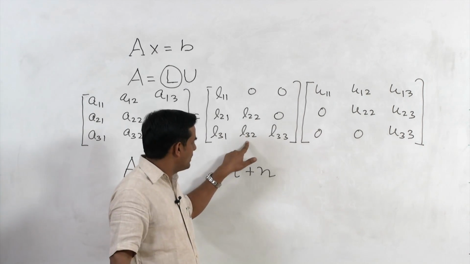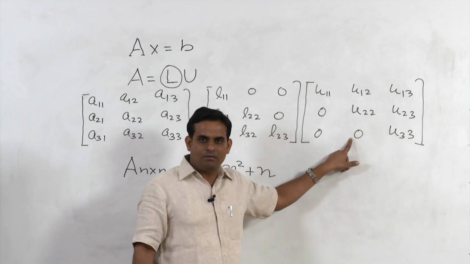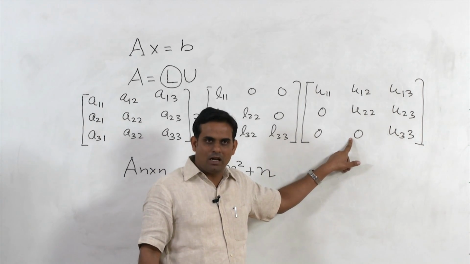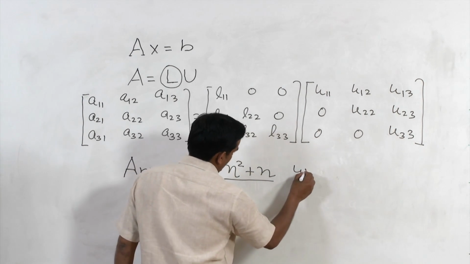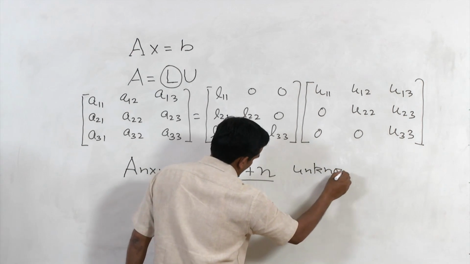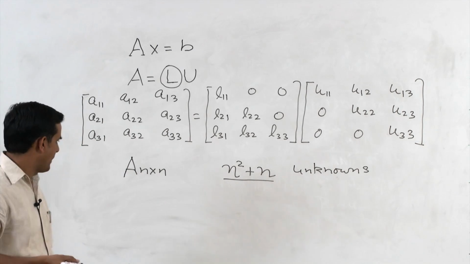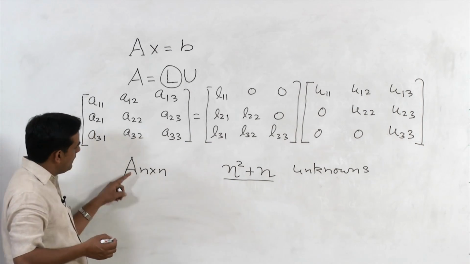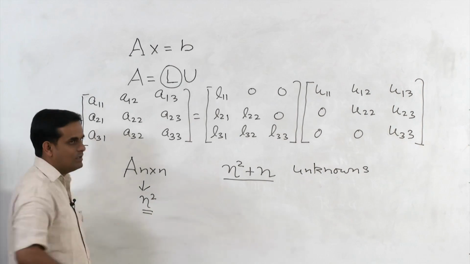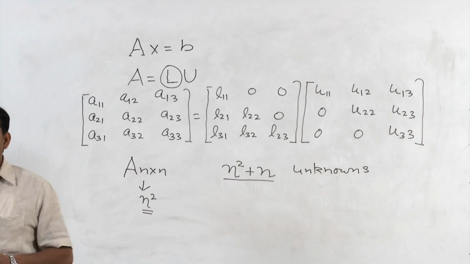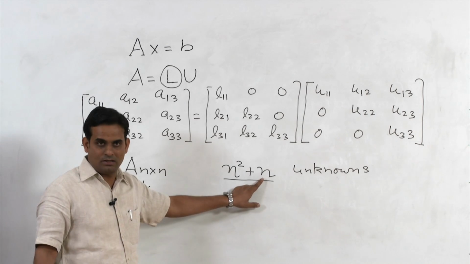So, n into n plus 1 by 2 from the lower triangular matrix, n into n plus 1 by 2 from the upper triangular matrix, total will become n square plus n unknowns, including all Lij and Uij. While for an n by n matrix A, I will be having only n square entries, which are known to me. So, somehow I need to reduce n unknowns.